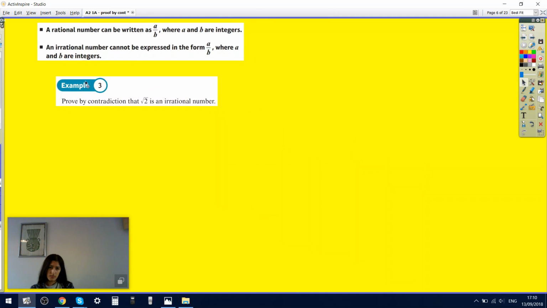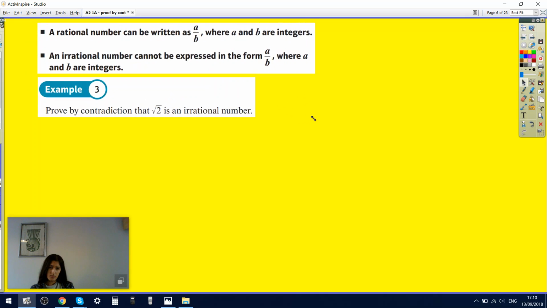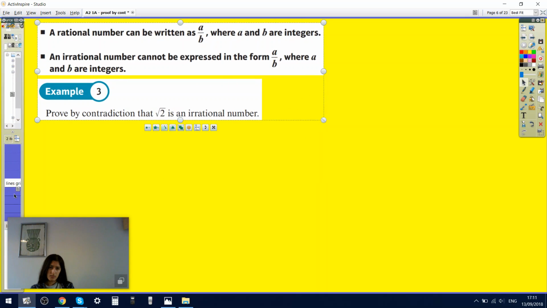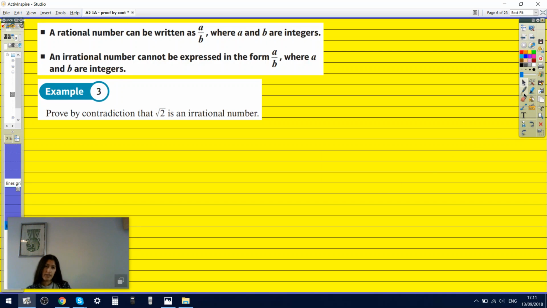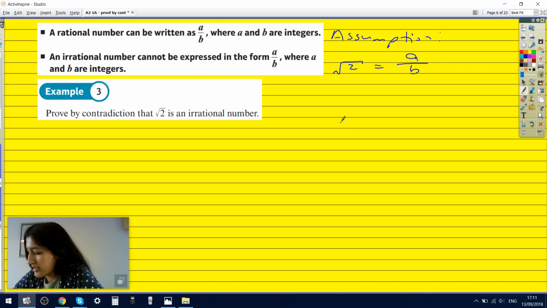Let's try this next one. Okay, so the negation statement would be that root 2 is a rational number, so it can be written as a over b. Assumption: root 2 equals a over b.